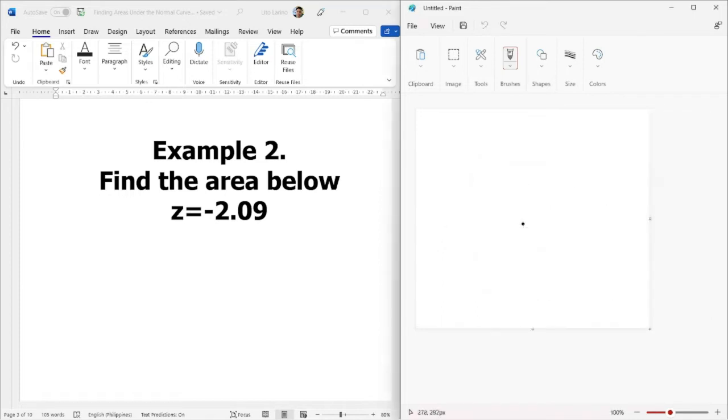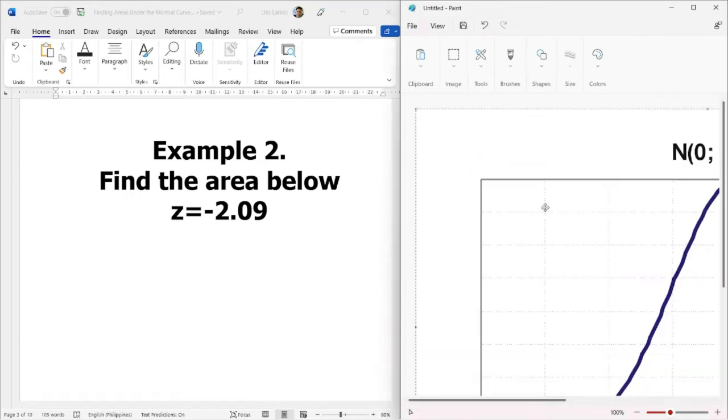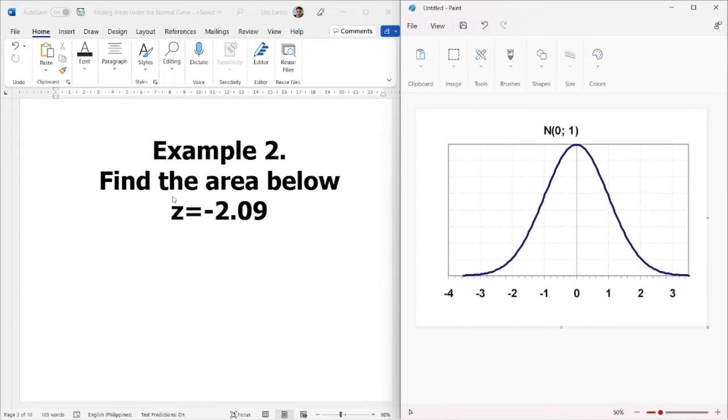How about when we are asked to find the area below the z-score, which is a negative z-score. In this case, we have negative 2.09. In our normal curve, let us locate this z-score. It's below the mean.